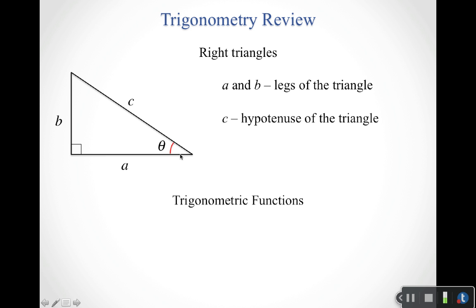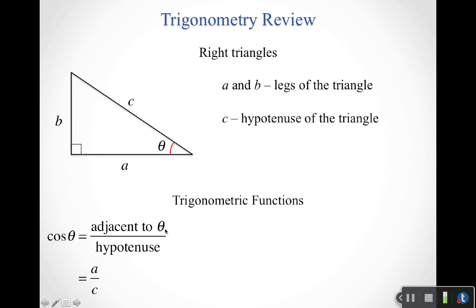And so the leg that we've drawn our angle into becomes the adjacent side to our angle theta, and B becomes the opposite side to our angle theta. So in the same way that C is opposite the right angle, B is now opposite the angle theta. And so knowing that, we can go through and set up our trigonometric functions.